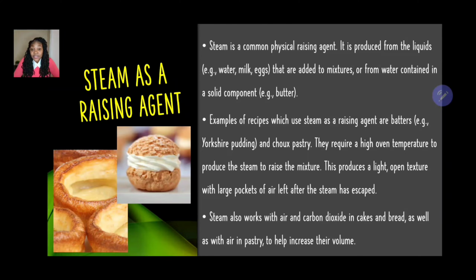And as it relates to steam, when the liquid in the mixture is heated, it creates steam, and this may be water, milk, eggs, any form of fruit juice, or any other liquid. It may be the liquid content from the butter that evaporates and creates steam that aids in raising the product, right? And examples of those products, as we said before, are Yorkshire pudding or choux pastry.